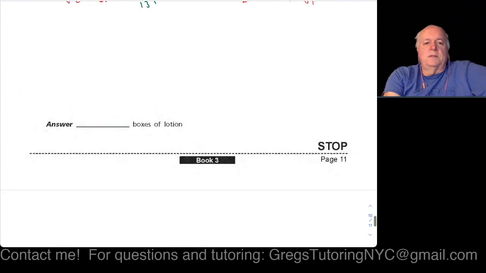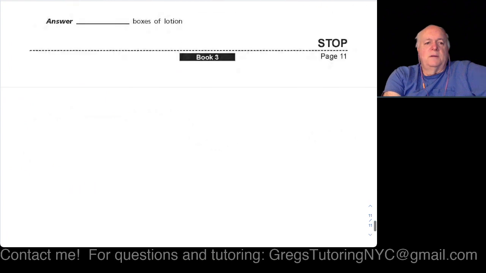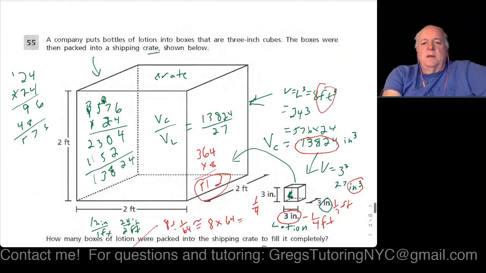Is that the last one? Where are we going here? 54. Wait, there's a blank page there. I thought there was a 55. There is 55.